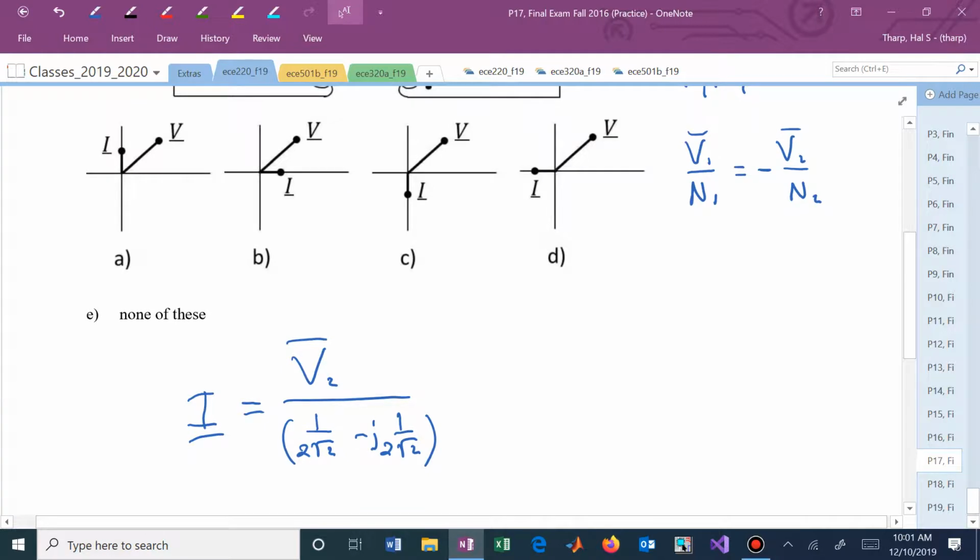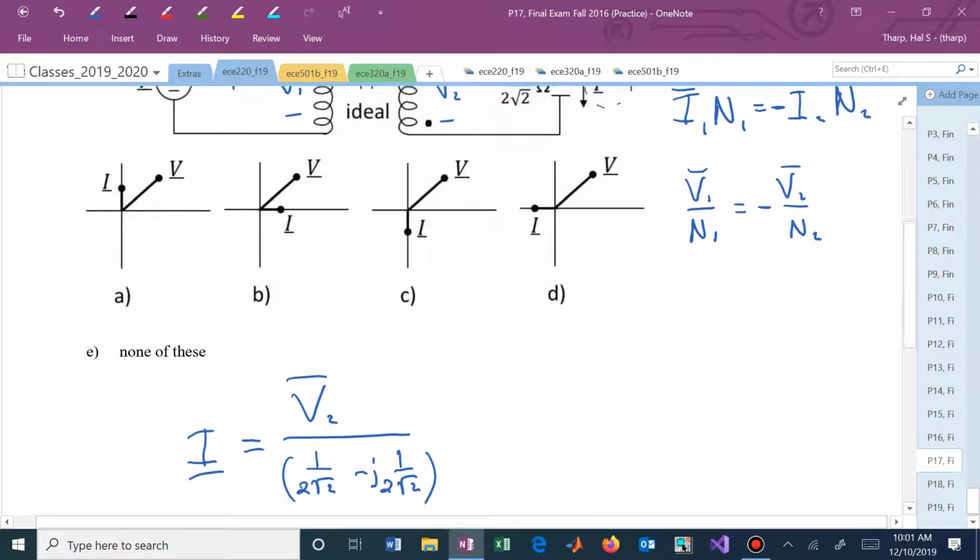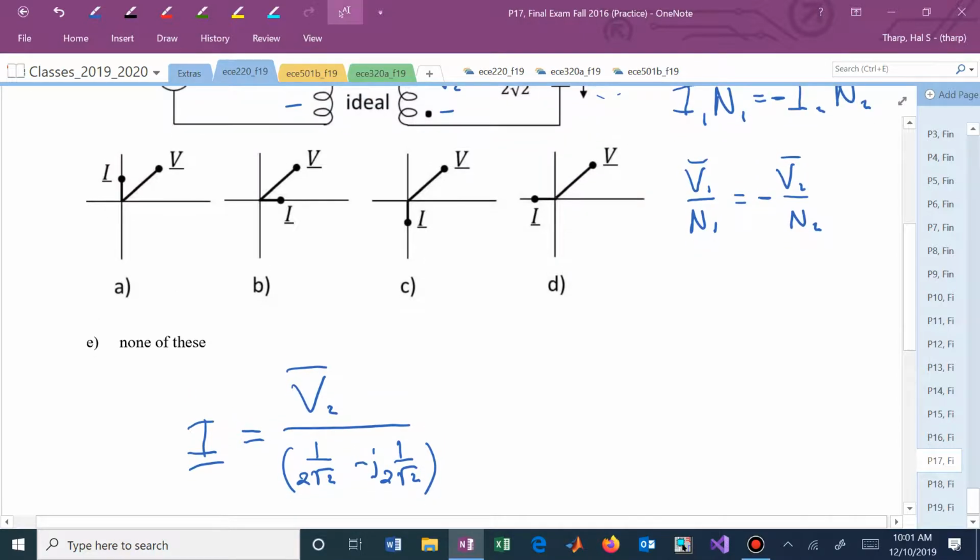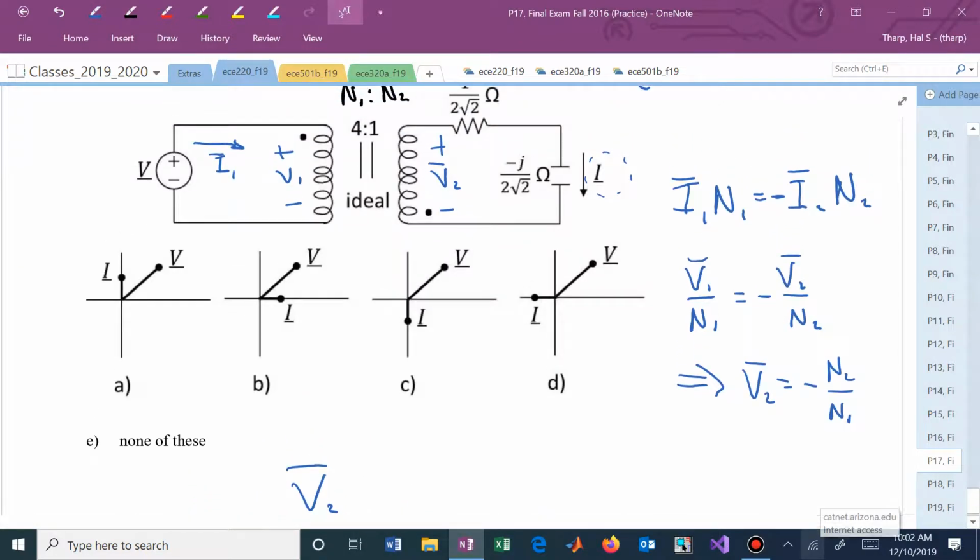And we actually want to relate I with V1, and this says that now V2 is minus N2 over N1 V1.